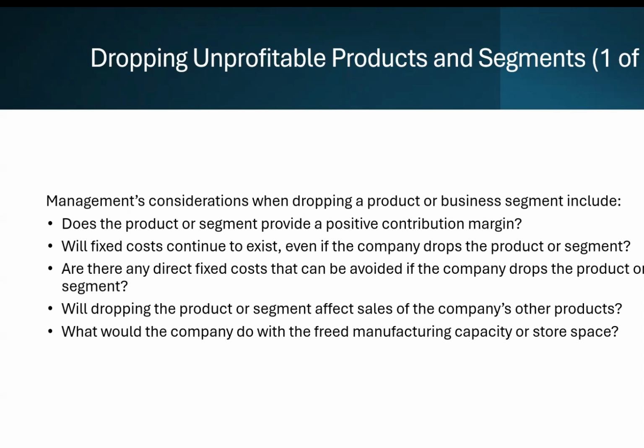Additionally, the manager considers if any direct fixed costs can be avoided by dropping the product or segment. Another consideration is whether discontinuing the product or segment will impact sales of the company's other products. And then finally, the manager examines how the company could utilize the freed up manufacturing capacity or store space.